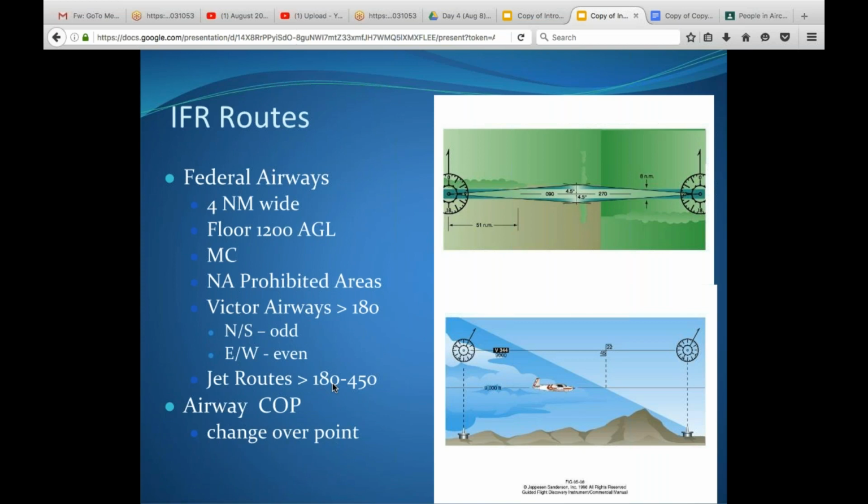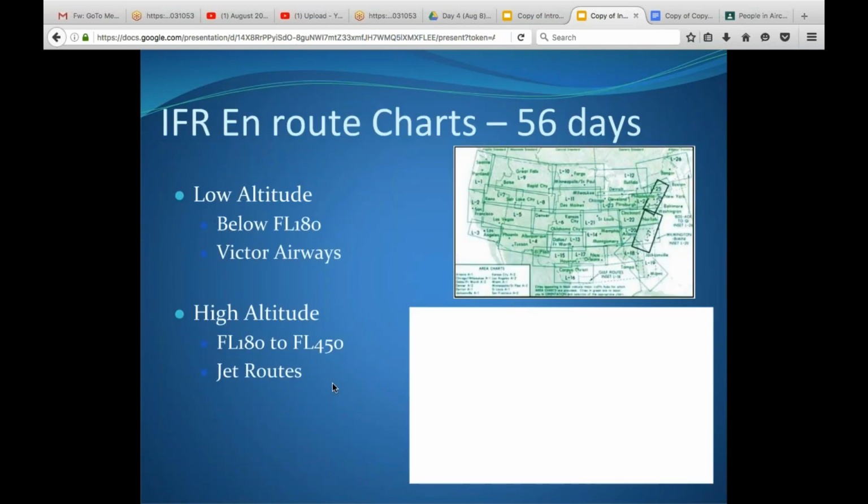There's going to be a lot of smaller centers governing, following and spacing all the airplanes in those little centers. So when you hit these changeover points, you're going from one center to another.